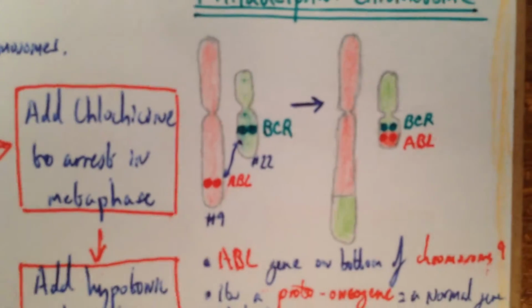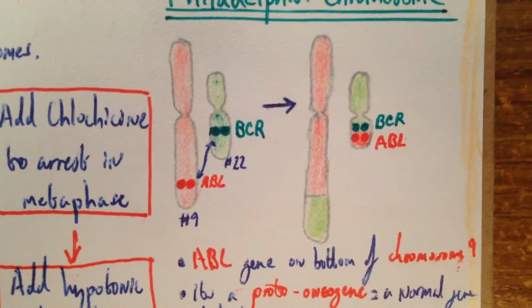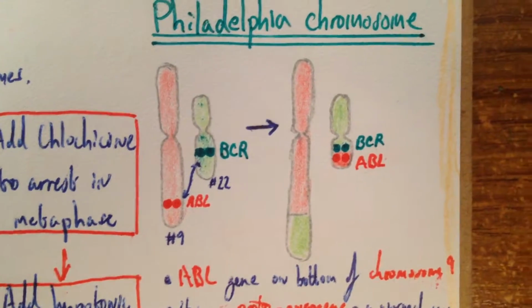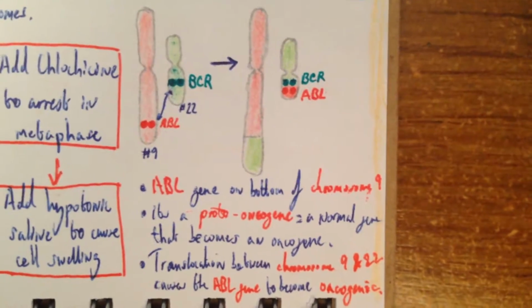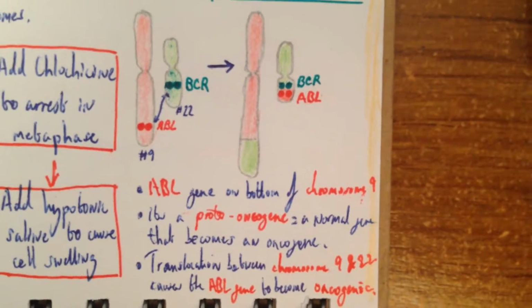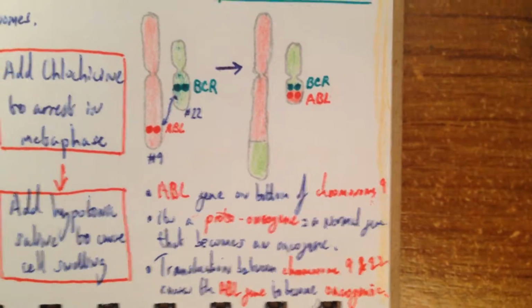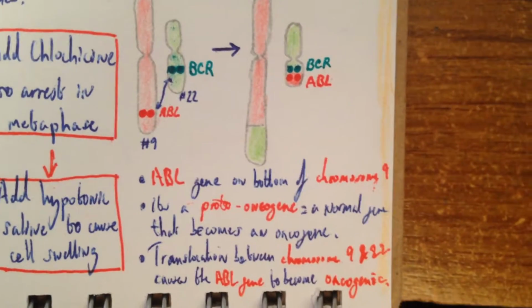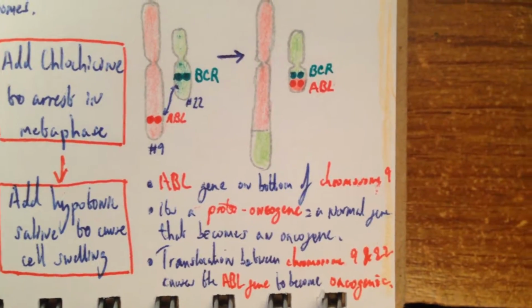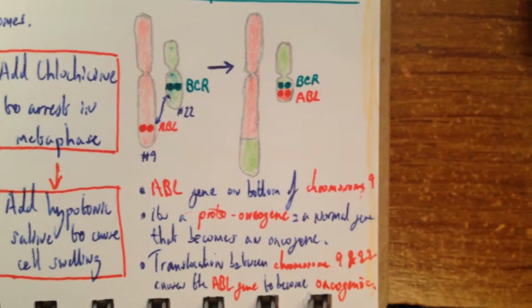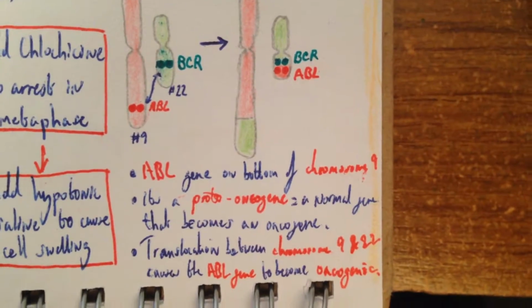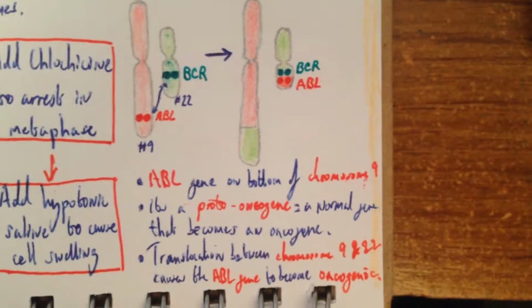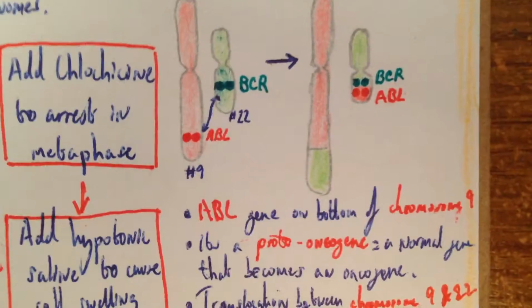Chromosome number 9 has a gene called ABL, chromosome 22 has a gene called BCR. So what happens is the ABL gene is on the bottom of chromosome 9. It's a proto-oncogene, meaning it's a normal gene that can become an oncogene. So if there is translocation between chromosome 9 and 22, it causes the ABL gene to become oncogenic.